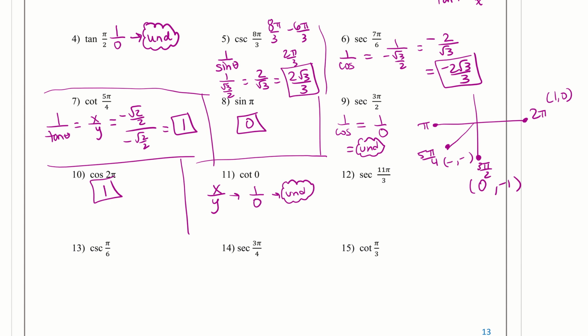Okay, secant of 11 pi over 3. This kind of reminds me of number 5, in that 11 pi over 3 is more than 2 pi. So I'm going to go ahead and remove 6 pi over 3 from 11 pi over 3 to find a coterminal angle, and I'm going to get 5 pi over 3. 5 pi over 3 is more than a full pi over 3. This would be 3 pi over 3, or 1. This would be 4 pi over 3. 5 pi over 3 is here.